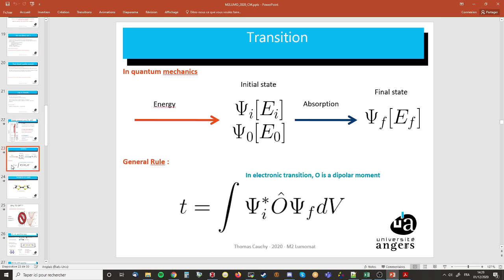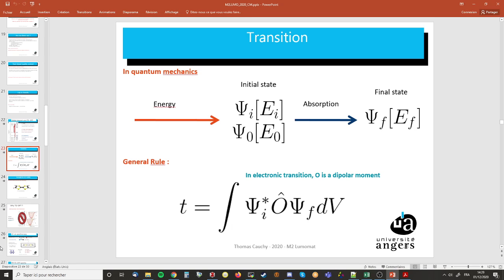The selection rule in UV visible electronic spectroscopy depends on an electronic transition, and it's a dipolar moment.